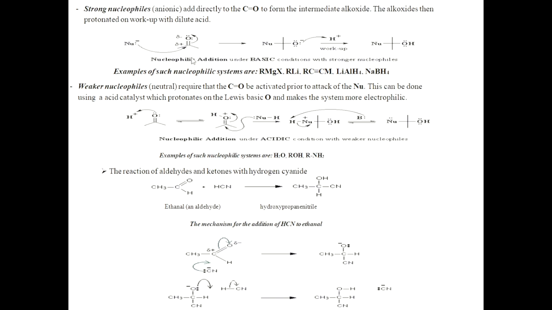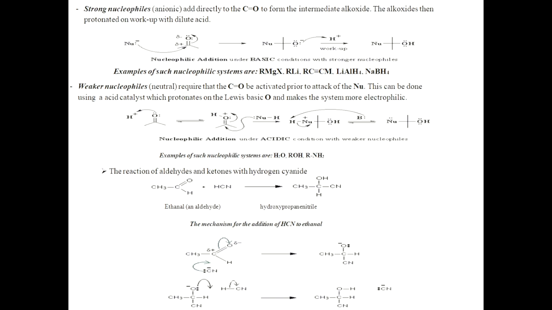So, in a carbonyl compound, irrespective of the nature of the carbonyl group, strong nucleophiles will directly attack the carbonyl carbon electrophile and give the intermediate, which is called alkoxide ion. Then this alkoxide ion finally undergoes protonation, either in workup or in the presence of water, and will give the alcohols.